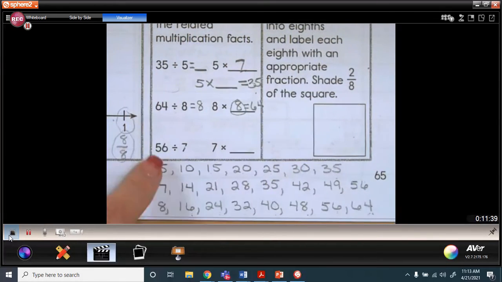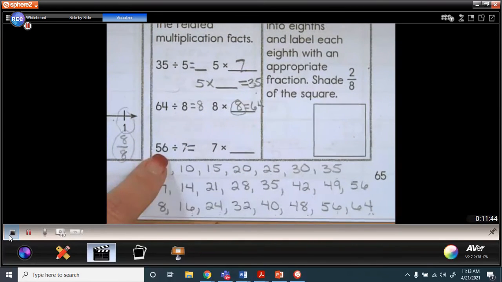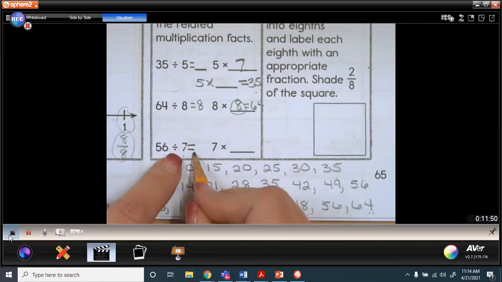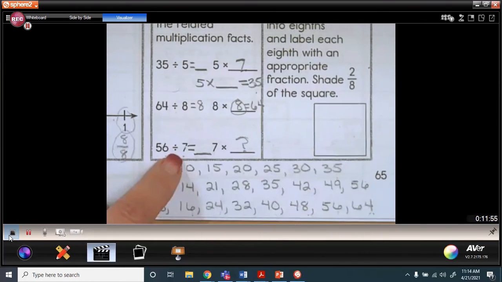Last one for this set of problems, we have another division equation. I'm going to take 56 objects, share them equally into 7 groups. I want to know how many is in each group, which will help me find this missing factor here.